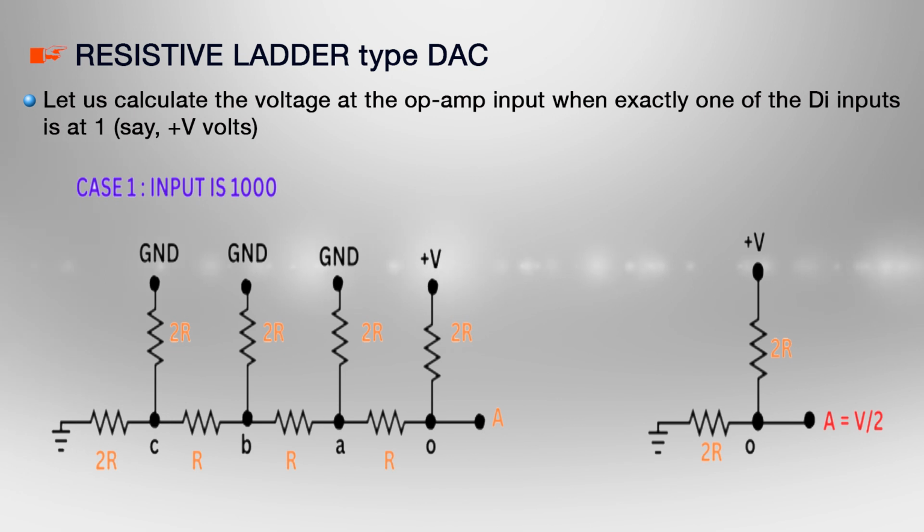Solving these two resistances, we get an equivalent resistance of 2R between point B and ground. In the same way, solving the circuit, we get a resistance of value 2R between node O and ground, as shown in the circuit on the right hand side. In this circuit, applying the voltage division rule at node O gives voltage equal to V by 2. So, when only MSB is high, output will be V by 2.